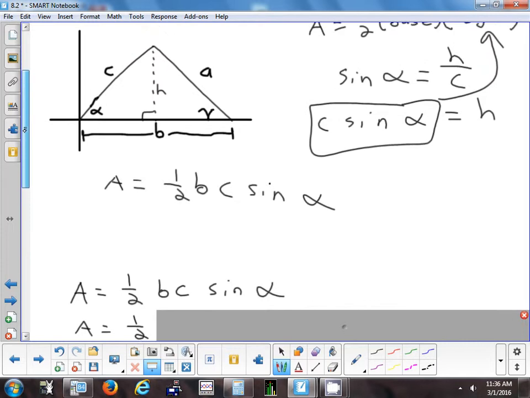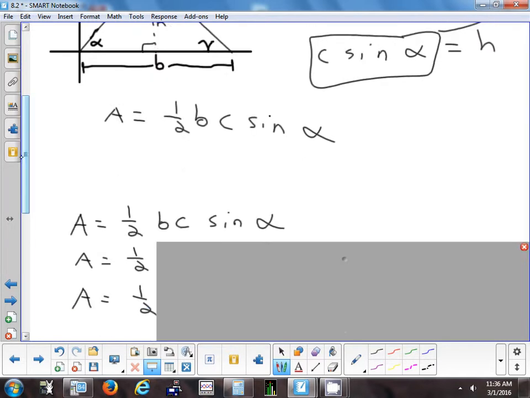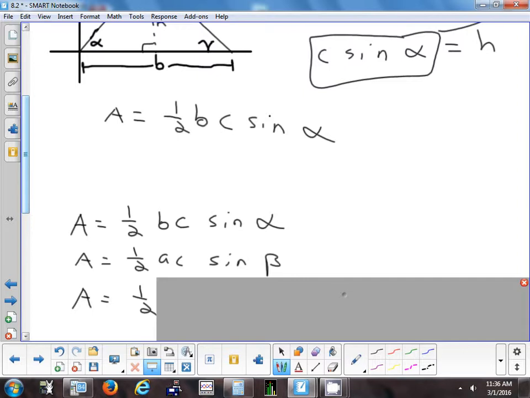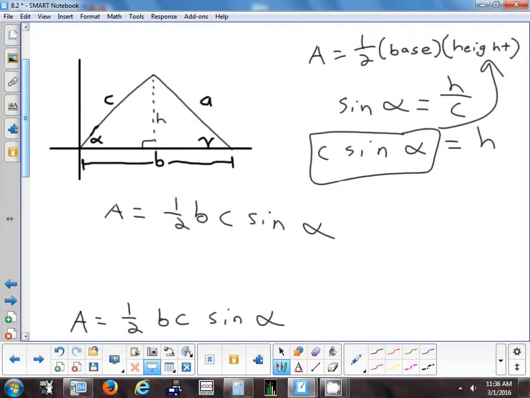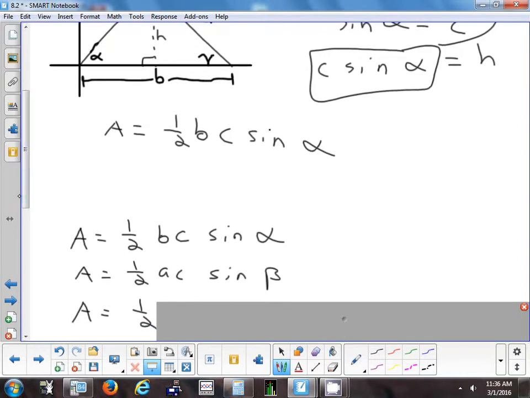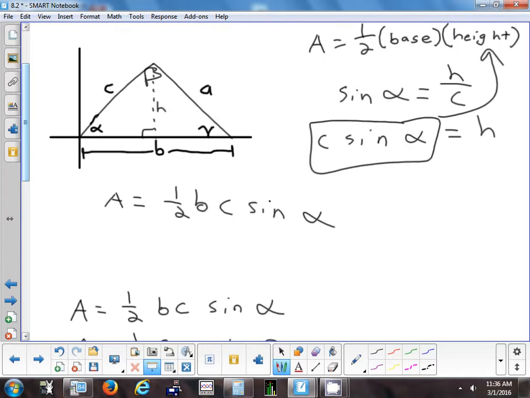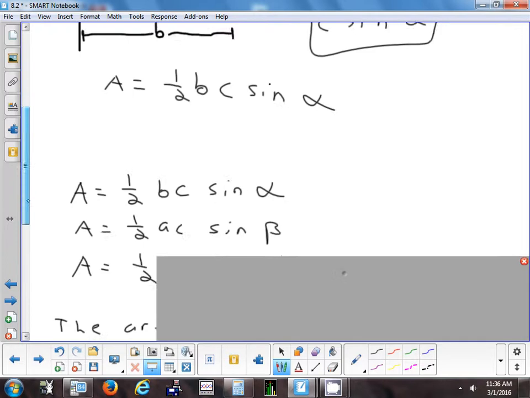Does it have AC? 1/2 of AC, yep, sine beta. 1/2 of AC, and beta would be right here. And how about if you wanted to write it for gamma? 1/2 AB sine gamma.